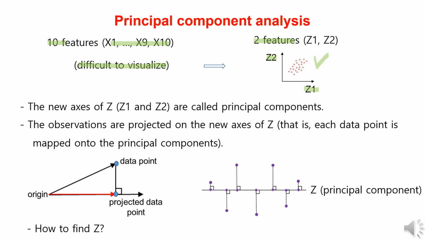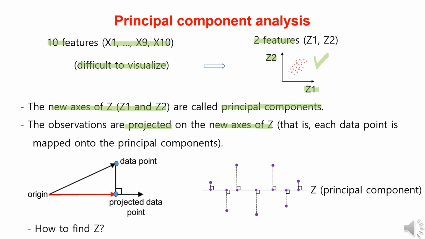In this case, the newly created axes, Z1 and Z2, to which the original features are transformed, are called principal components. So we can think of projecting the data points that originally existed in the 10-dimensional space onto the newly created 2-dimensional axes Z1 and Z2.